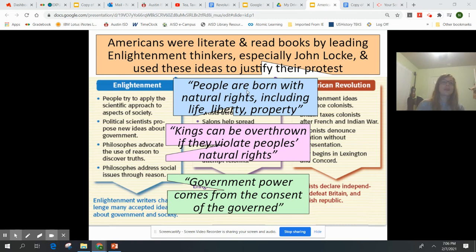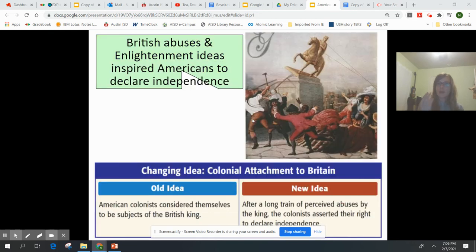So they're really going to say our country, our nation, this is the development of nationalism, is going to believe that all people are born with natural rights, including life, liberty, and property. We are going to believe that kings can be overthrown if they violate people's natural rights. And we believe that government power comes from the consent of the governed. And that's what they're going to say are their national ideals, and kind of what we still say are our national ideals.